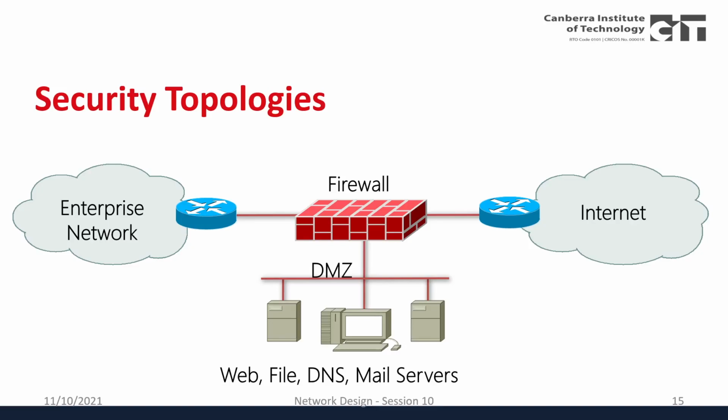Now, in this specific topology, we have a firewall in the middle between the edge router and the enterprise router. Now, this enterprise router is connecting the private network. All the devices connected here are private devices.